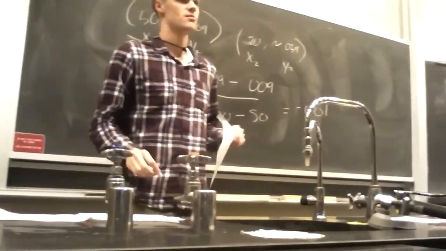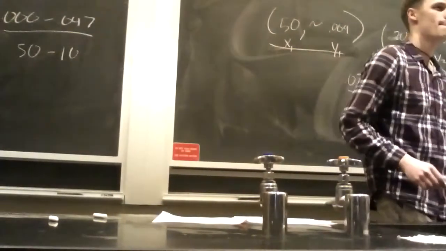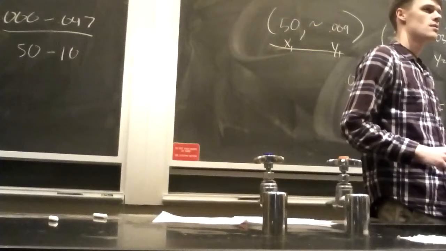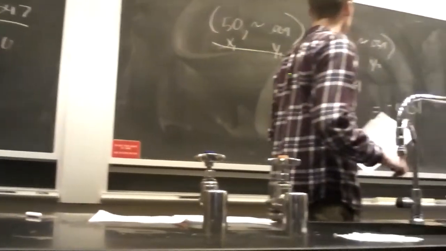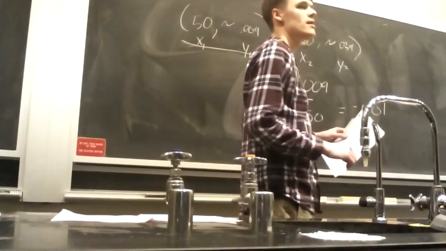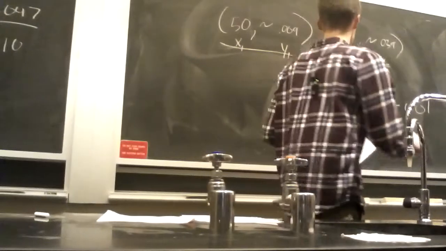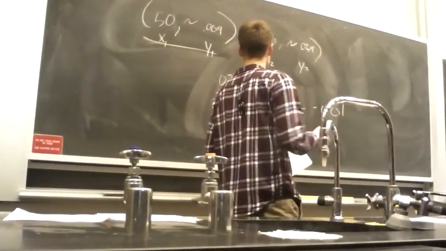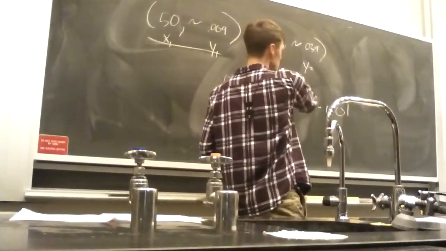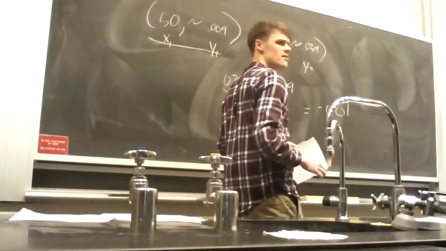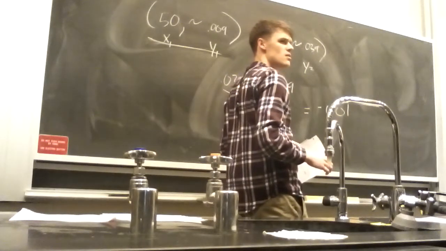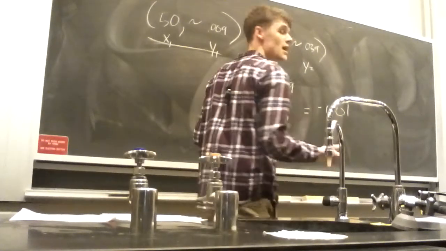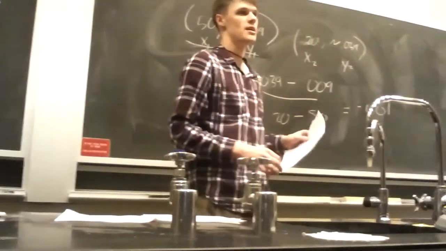Okay, any questions? Yeah. I did 0.009 minus 0.039 over 50 minus 20. So you just switched them. What did you get? Well, I actually did 0.09, so I got it wrong. Yeah, you should be able to do that. It should be fine.